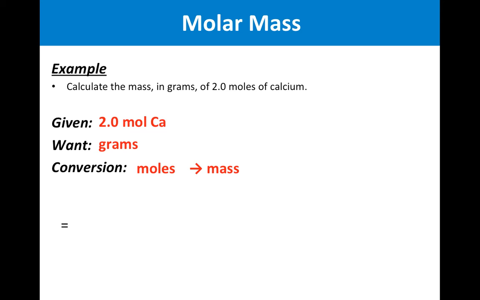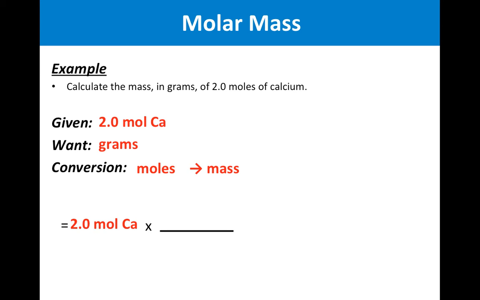So I start off by writing what I have, so 2.0 moles of calcium. So this is how you write it all out. Don't just write numbers, please. You have to write the units, otherwise you are not giving any credibility to this number. I don't know what you mean. So make sure you write your units down.